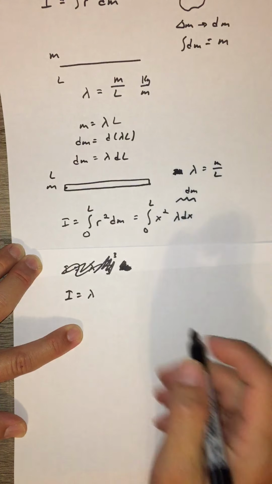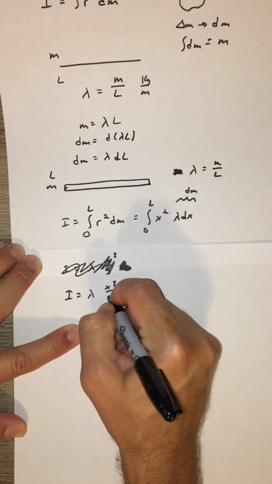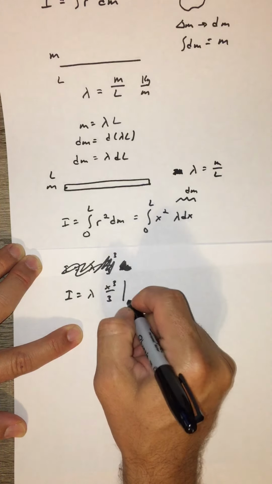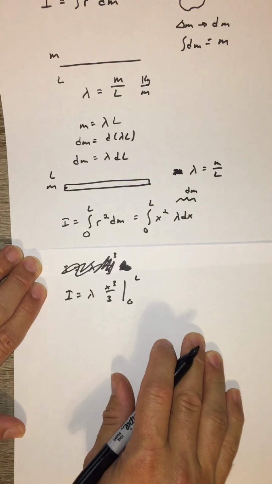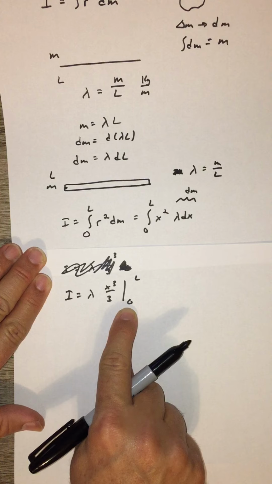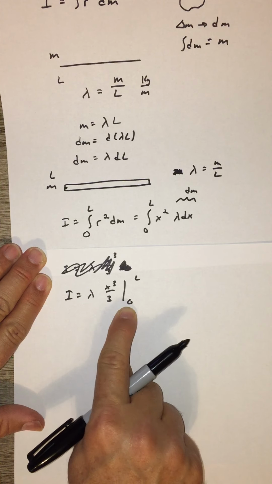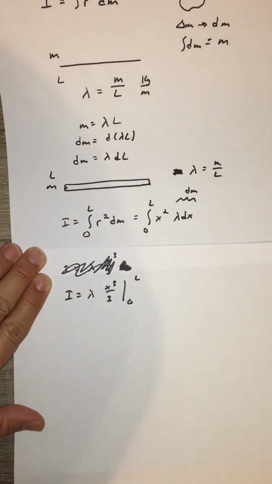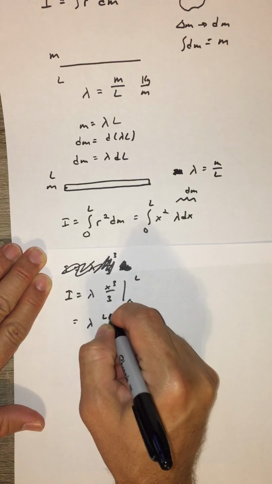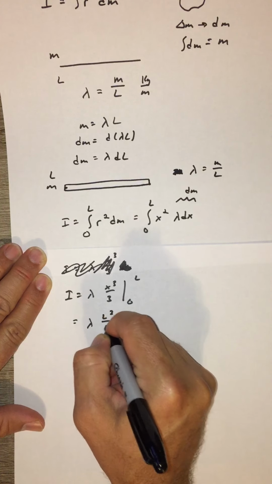The integral of x squared dx is x cubed over 3. No dx. I'm not sure where that came from. Evaluated from 0 to L. And what I'm going to get here, at the lower limit, I'm going to get 0. At the upper limit, I'm going to get L. So I'm going to get lambda L cubed over 3.